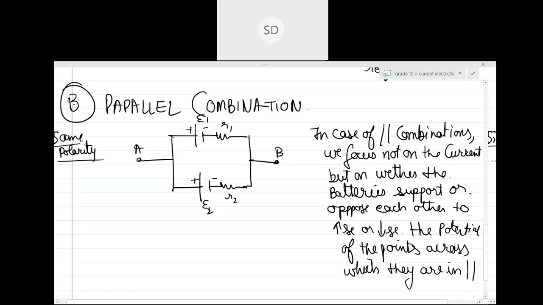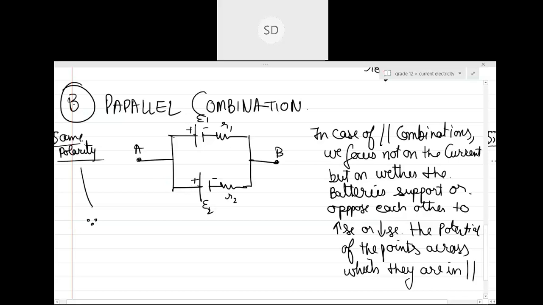So can you see, E1 is trying to increase the potential of point A because the positive terminal is connected over here. Similarly, E2 also has its positive terminal towards A. Yes or no? Yes, sir.